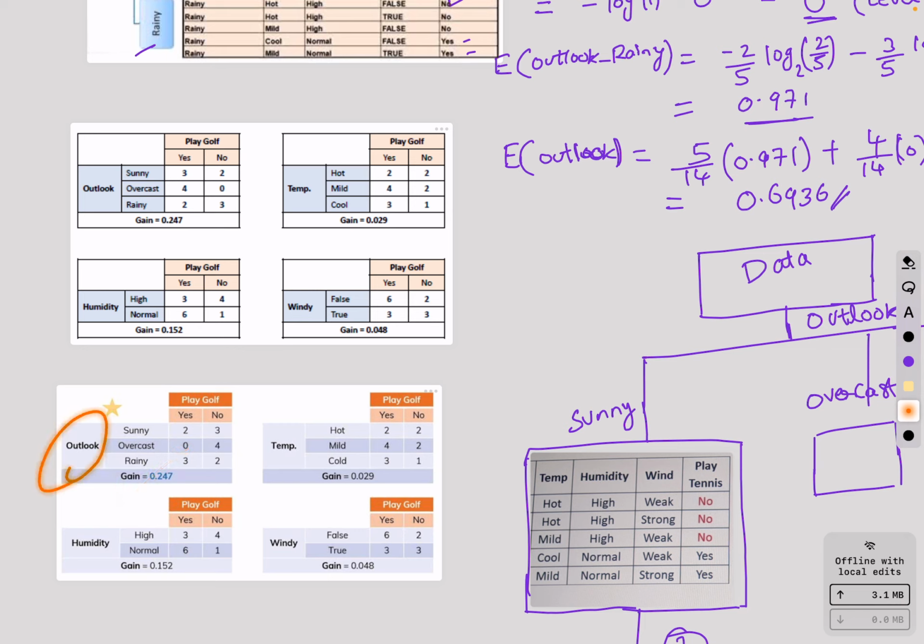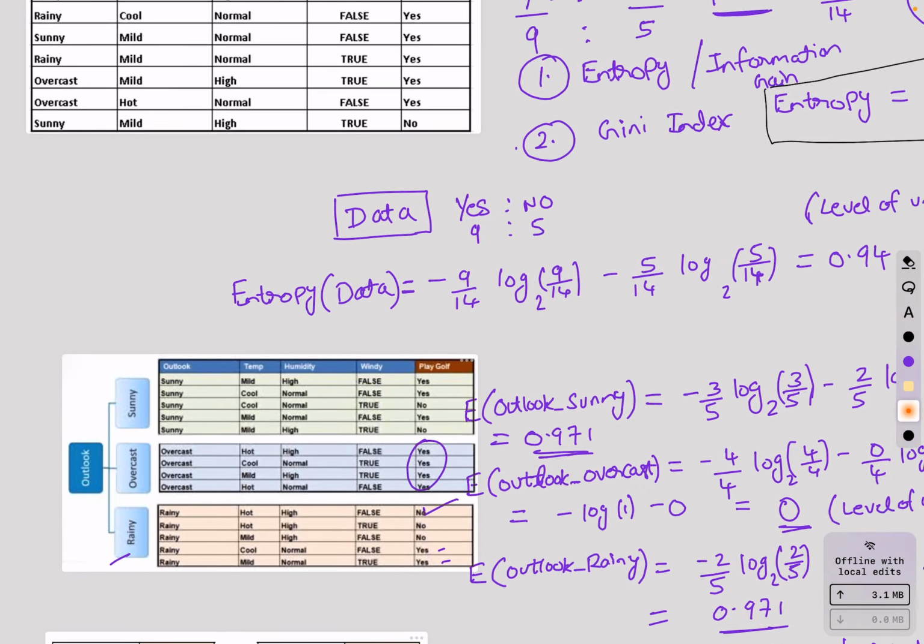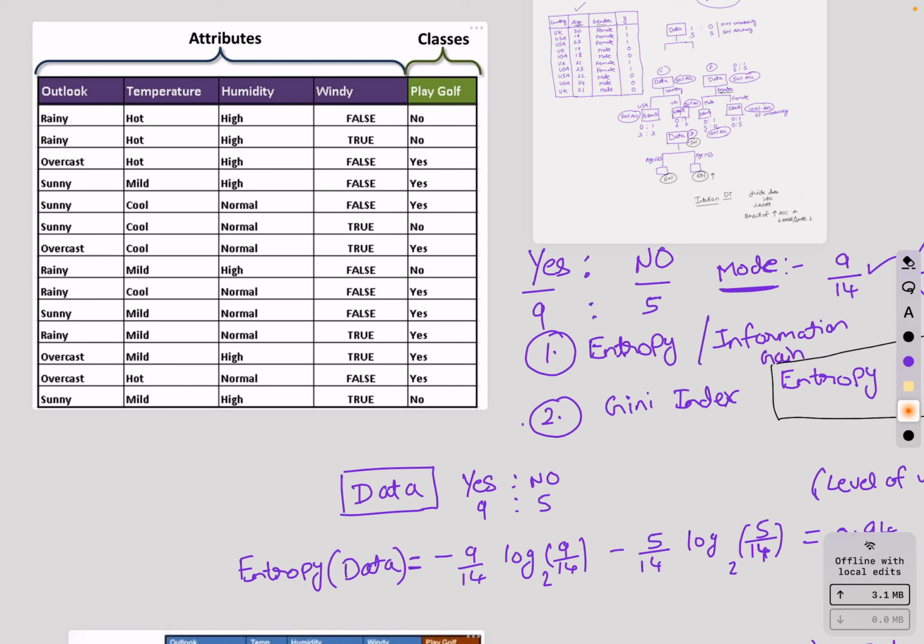Which means the class distribution is not in a way that the uncertainty is highest when I divide it based on the outlook. So the decision tree will pick outlook as the feature to divide my data into subsets, but not temperature, not humidity, not windy, because outlook is giving me the highest reduction in uncertainty, or highest reduction in entropy, or highest information gain.